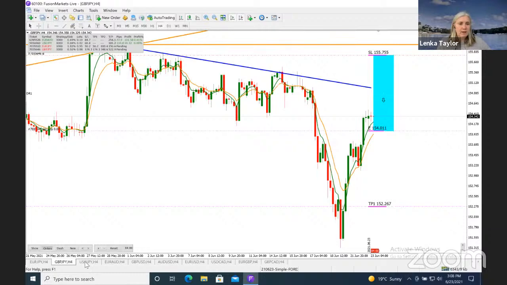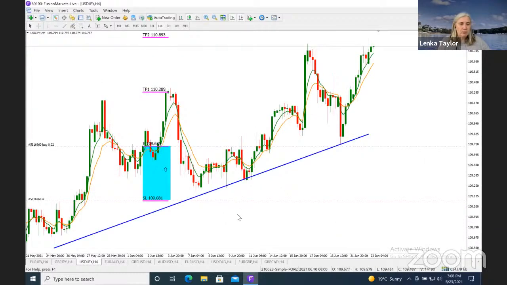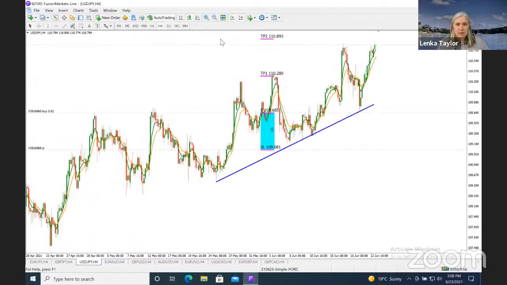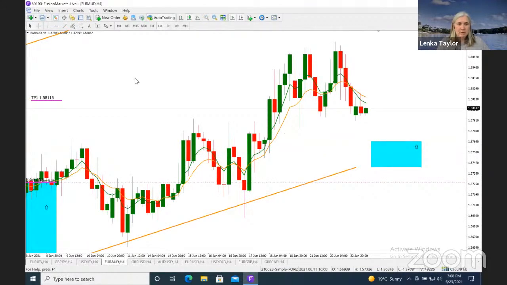All right, next currency pair I'm looking at is USD-JPY. This trade I'm still in, so just holding. That trade was entered a couple of weeks back. Cleared TP1 and is still going in the direction, so I'm staying in that trade. Next currency pair is Euro AUD.